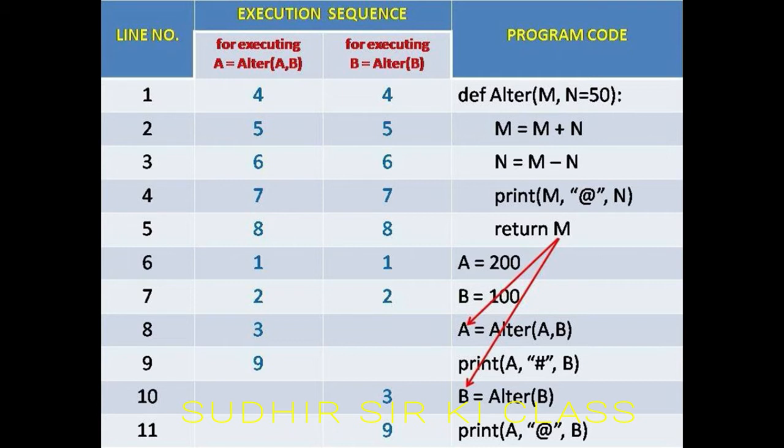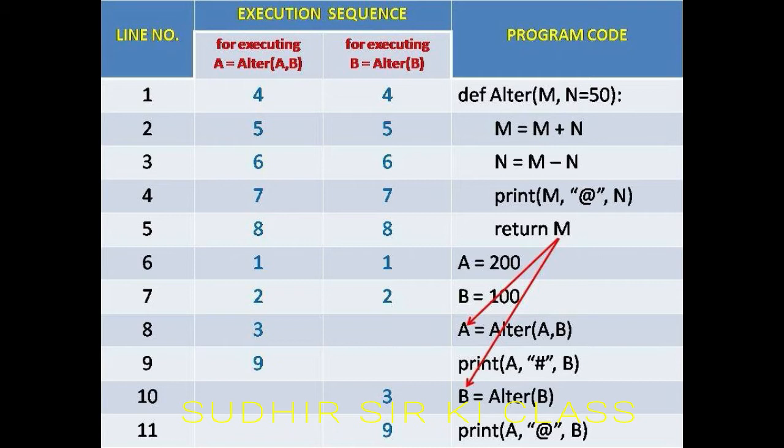What is a default value? See, in line number 3, when we are calling this function alter with two arguments, A will have 200 and B will have 100. And these are called the actual arguments.